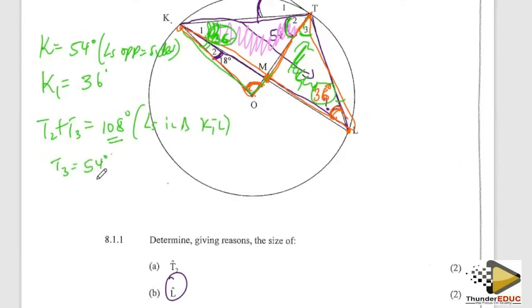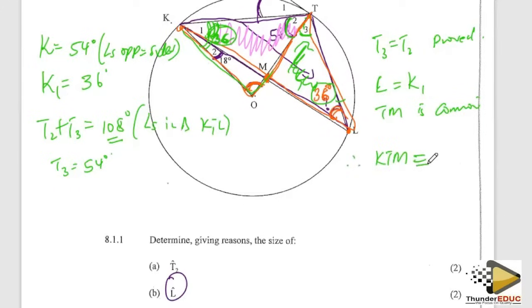So I'm going to say that T3 is the same as T2. We've proved that. And then we see that L is the same as K1. We've also proved that. And then we see that TM is common. Therefore, KTM is congruent to TML because of two angles and a side: angle, angle, side.